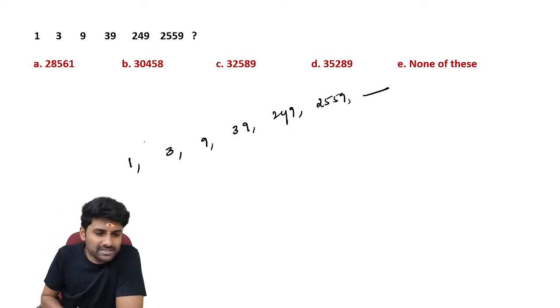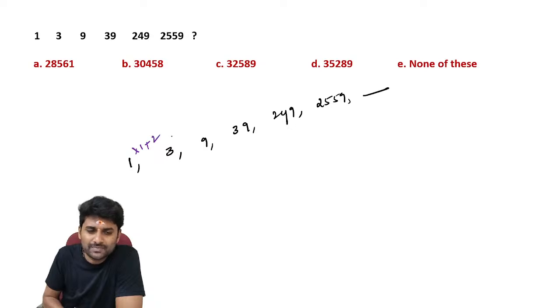For example, 1 into 2 plus 1. Now 3 into 2, 6. But it is not possible to multiply by 2 every time. Why? Because 249 into 2 does not become a 4-digit number, right? So it's not possible. Let us consider it in this way.